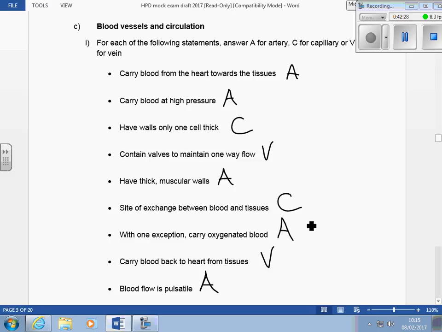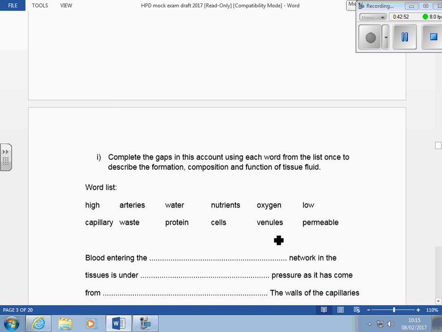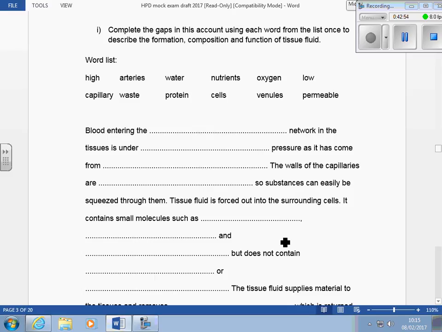And that might pass, but with arteries, it's thick with a lot of muscular and elastic tissue. For veins, it's thinner with less muscular and elastic tissue. And when you're looking at what's contributing to the higher grades, it's that sort of style of answering. But if you can only remember thick or thin, then that's fine, because that'll get you the pass. So just be careful.